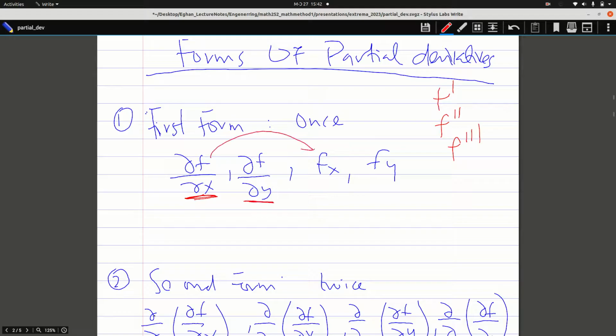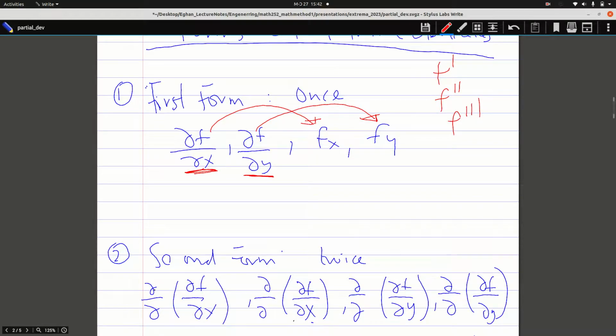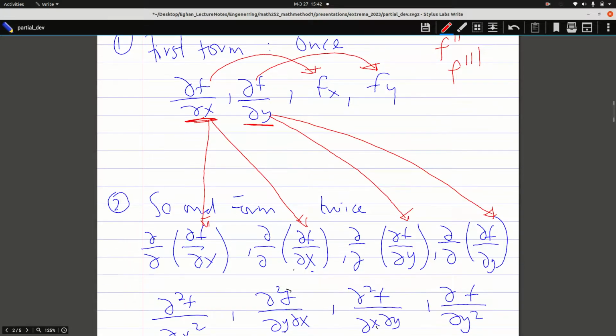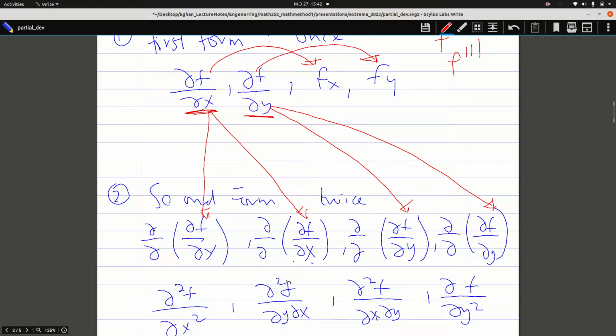This is equivalent to that, and this is equivalent to this subscript. I can also differentiate the terms twice. How do I write that? So look at this. Assuming I maintain my functions here, I can differentiate this function twice with respect to certain independent variables in the function.